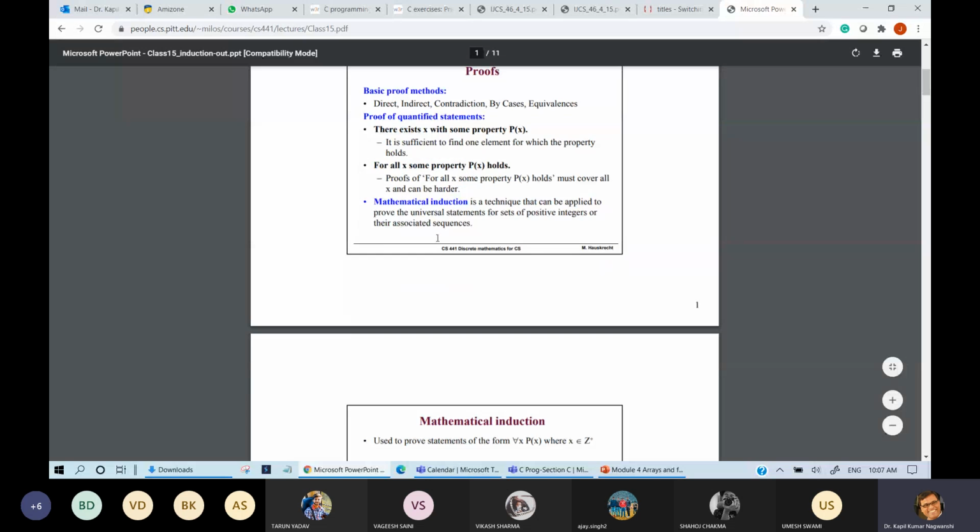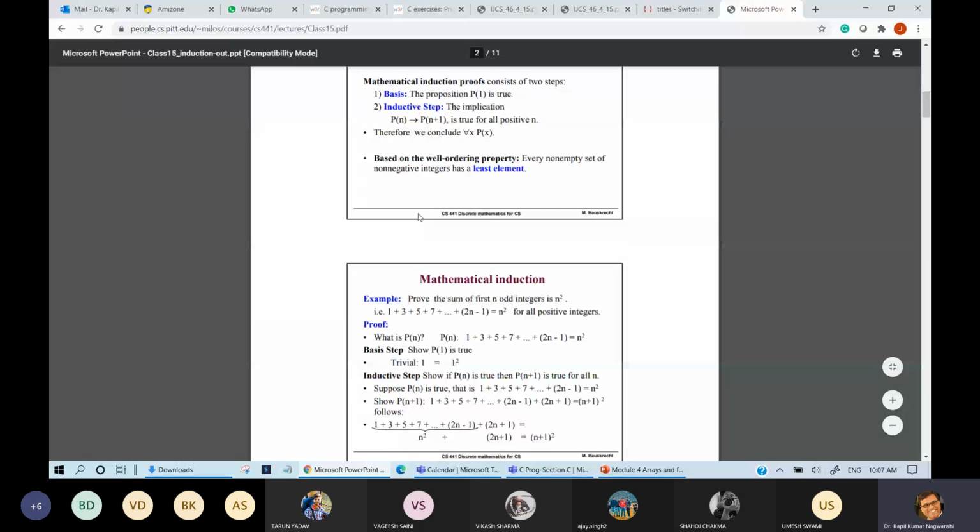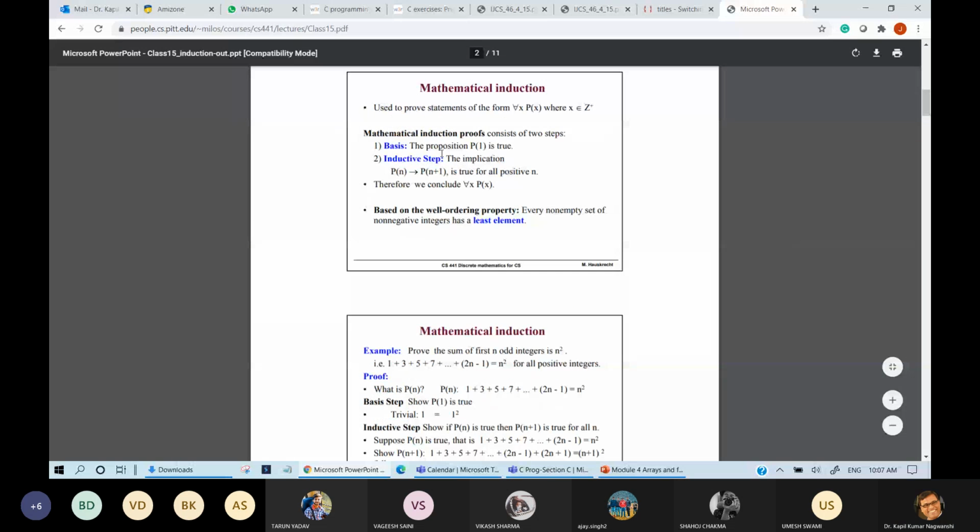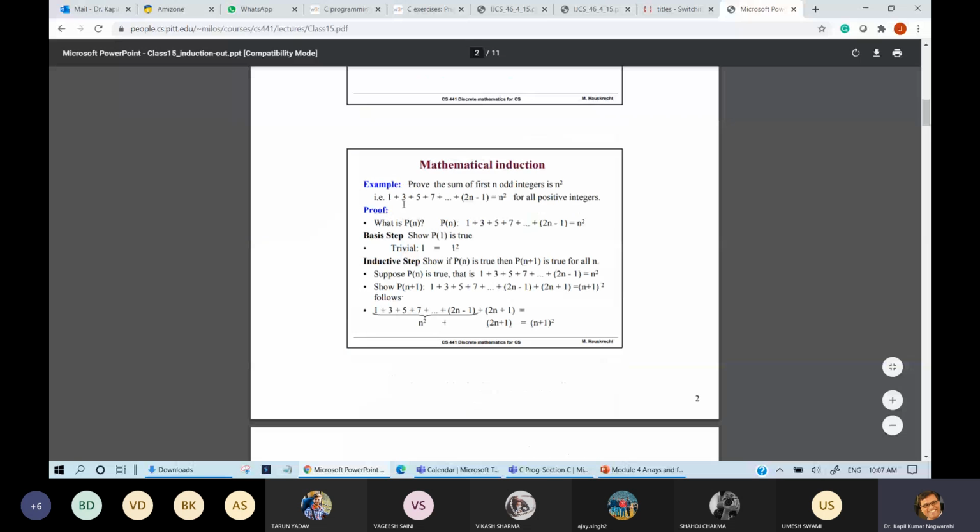Here it is giving you a solution: basis, inductive step. This is our example, and the last output is n square, 1 plus 3 plus 5 plus 7 up to n terms.